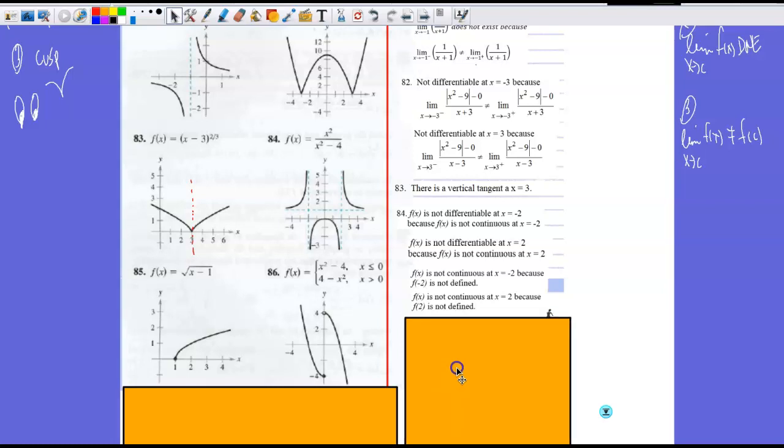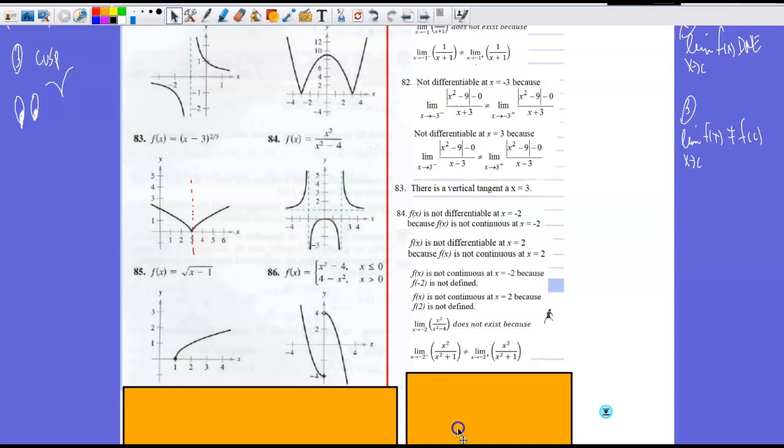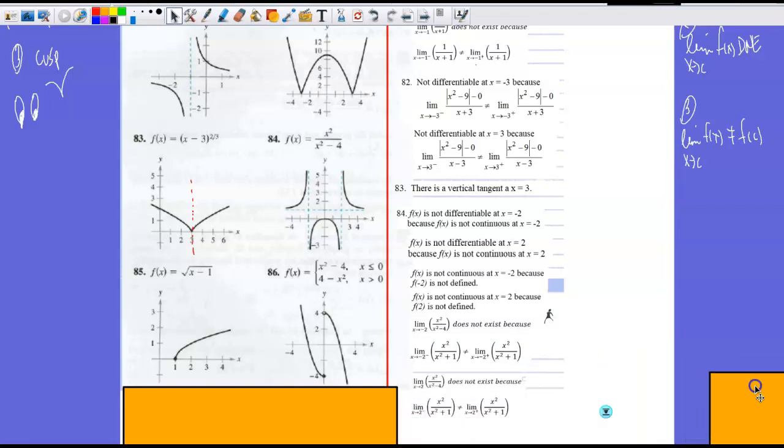There's another vertical asymptote there. And then when I justified the limits, I said in both cases, the left and right limits do not agree because we're approaching two different infinities, so take a look at that. But again, you could get away with unbounded behavior for that justification.